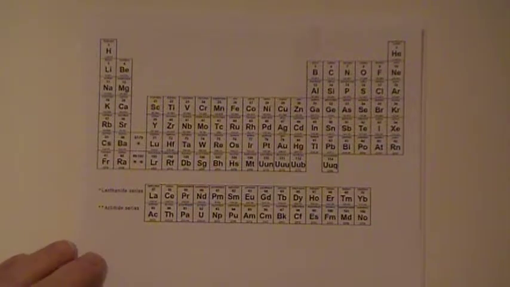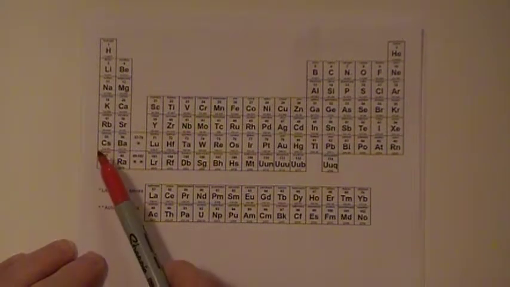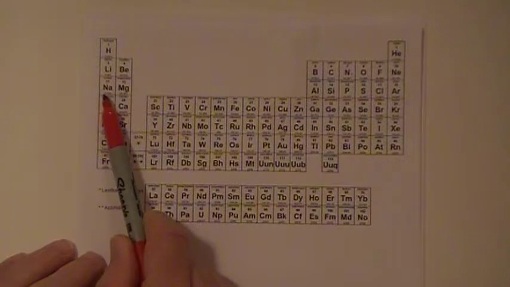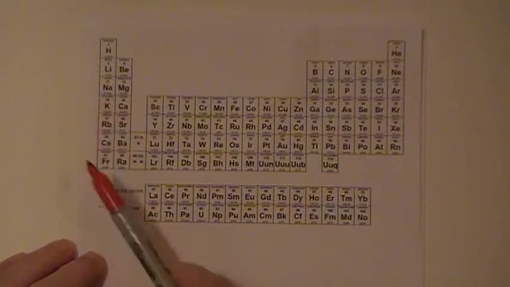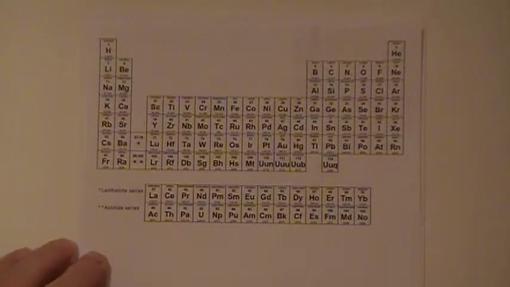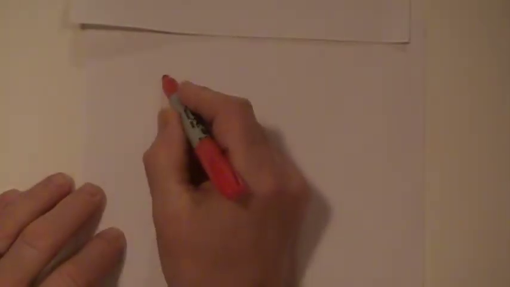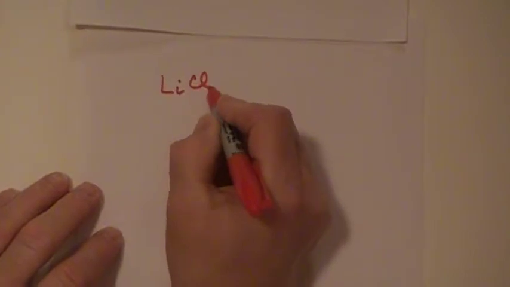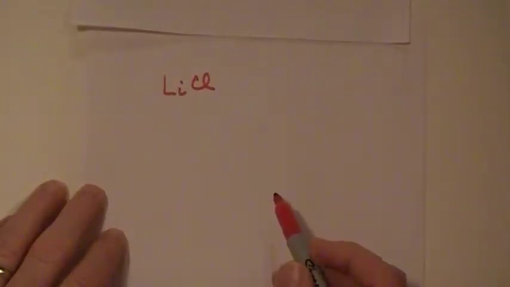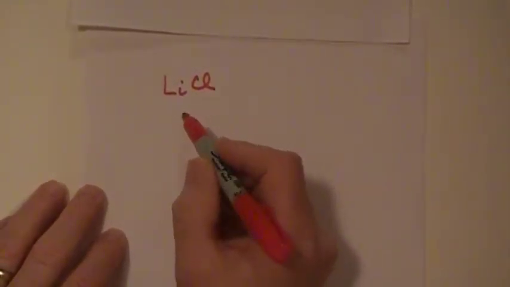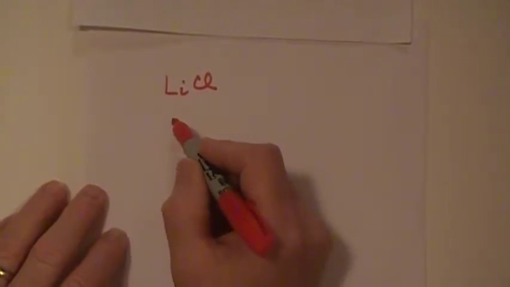Now, there are a couple of types of bonds that we talked about, 3 in fact. One of them is called an ionic bond. These are developed between atoms on the far left, which are metals, and atoms on the far right, which are nonmetals. An example of this is lithium chloride. Lithium, as we stated, likes to lose 1 electron to look like helium.